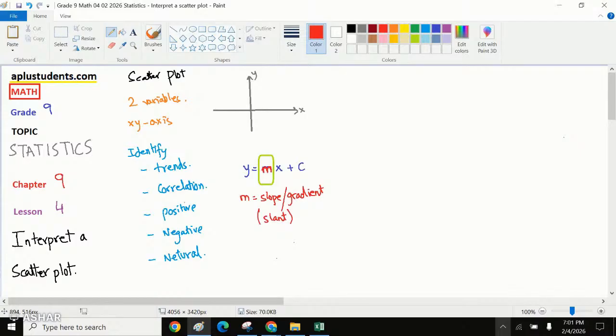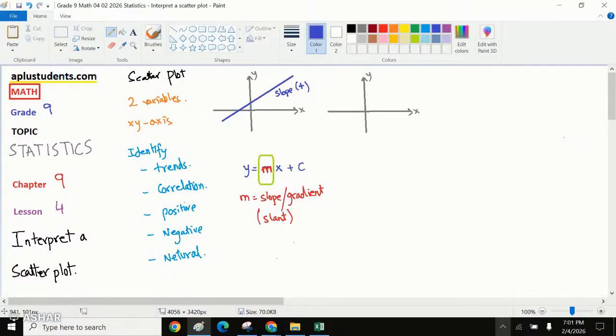Whenever we have an x and y axis, we can have two types of lines: either an increasing line or a decreasing gradient. If the line is increasing, going towards the positive y and the positive x-axis, that means the slope is positive.